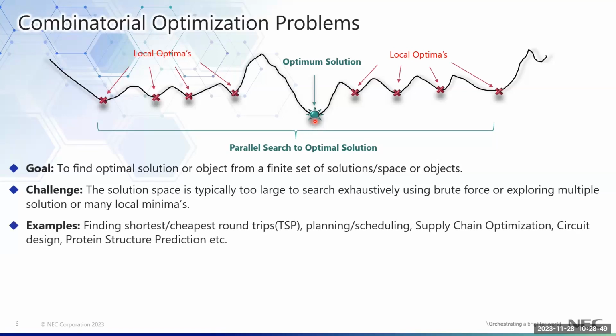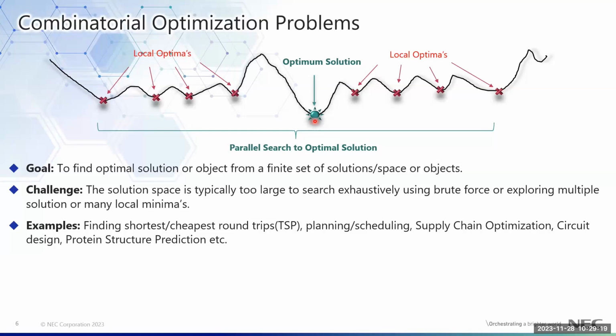In this case, I've already given you the example of shortest or cheapest round trips, but there are so many more examples: planning, scheduling, and large companies have to deal with supply chain optimization. There are continents involved where you're supplying parts and there is a demand in a specific region. How do you make sure that a large chunk of the stock is available where the demand is the most?